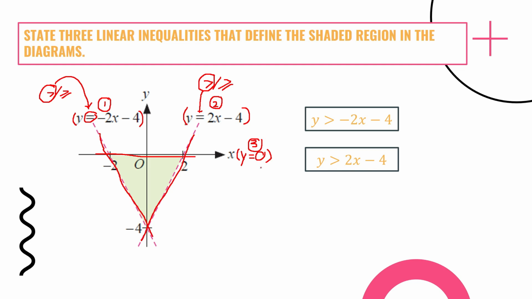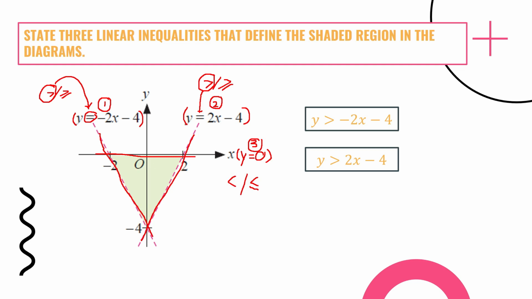And then the third equation is y equal to 0. We check the shaded region. The shaded region is below this straight line. If it's below, it must be lower than or equal.